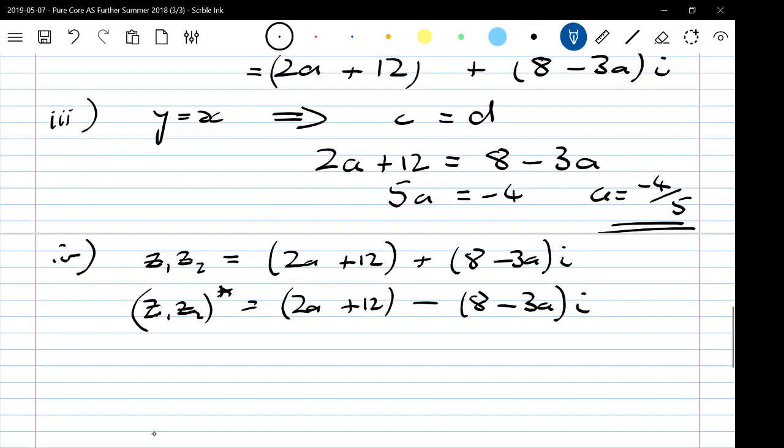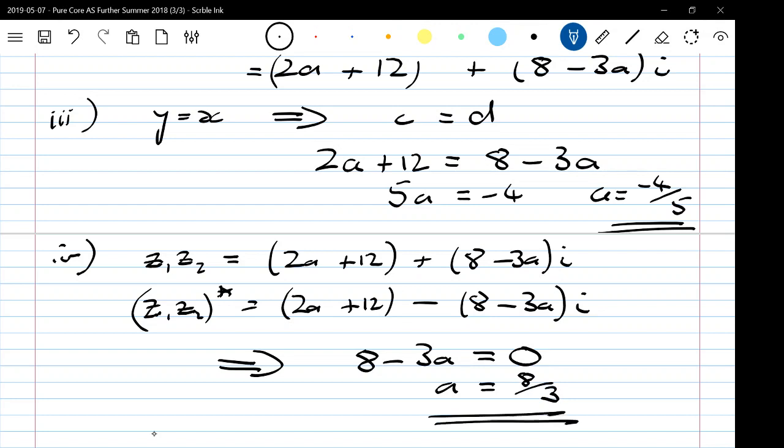If they are equal to each other, then the bit that we're adding there and subtracting there must be the same. In other words, it must be 0. So that implies that 8 minus 3a is equal to 0. So a is 8/3. There we go, and that's maths.